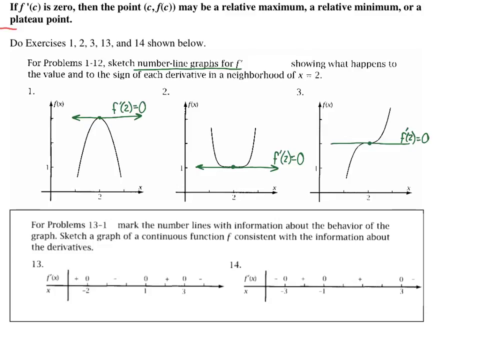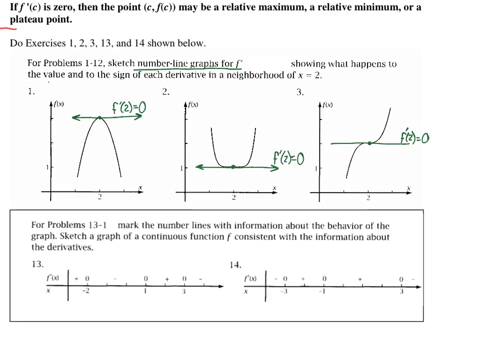Okay, for the solution of these, we'll notice we have tangent lines that are horizontal at 2 in each case. So, for the number line graph, if you look down here at the bottom, you can see an example of a number line graph, similar to the ones that we wrote up above.